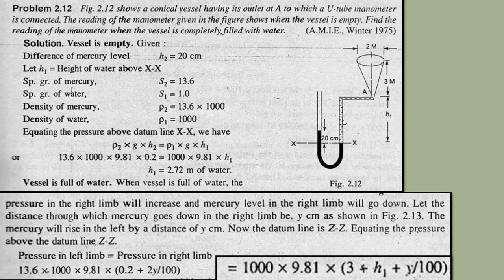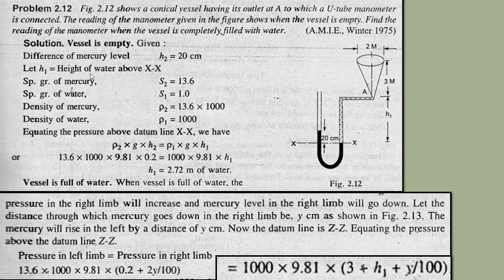So height of vessel is 3 meter. The difference between mercury level in manometer tube is 20 centimeter, so here difference of mercury level H2 is equal to 20 centimeter.